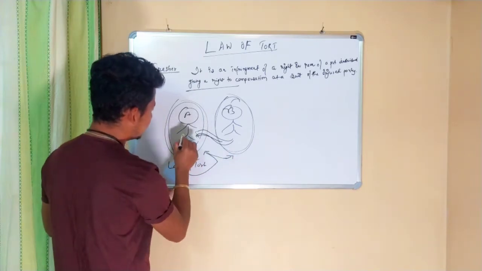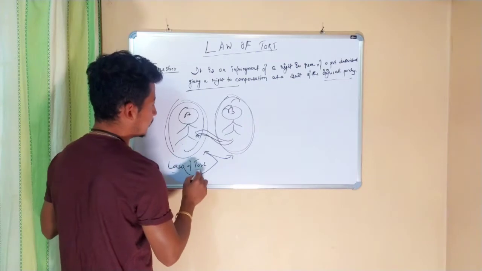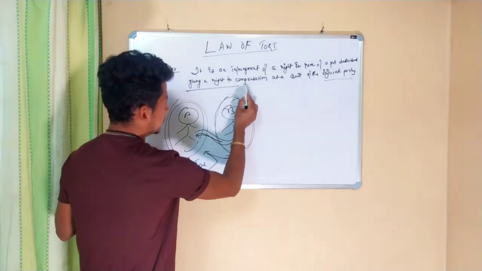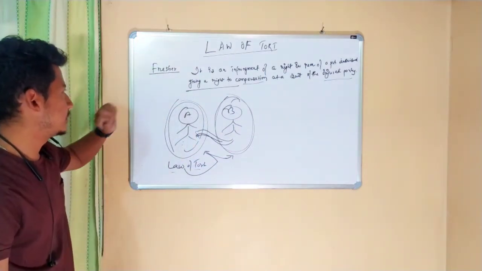Since A is the injured party, the law of tort gives the injured party the right to file a suit for compensation. So this is the simple meaning of this definition.